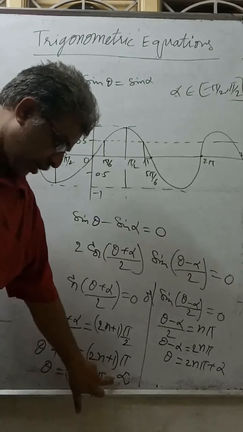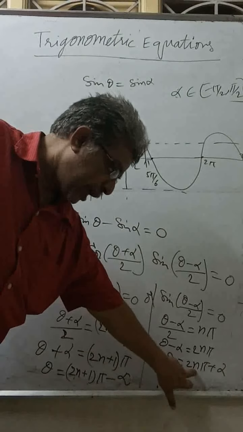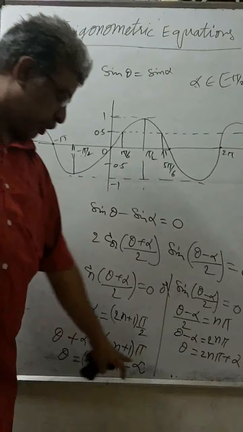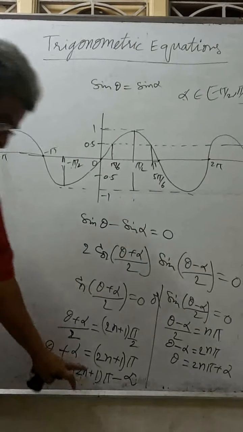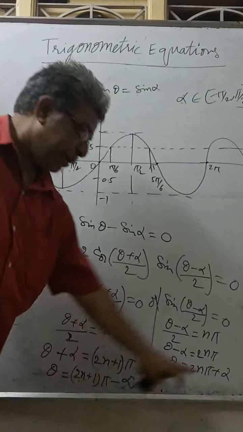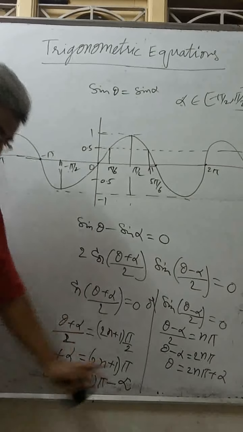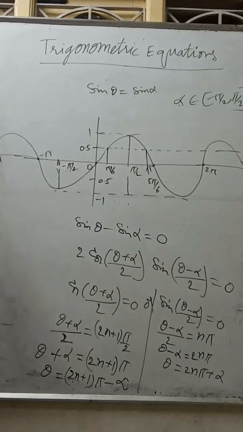At odd multiples you need to get minus alpha. 2n pi means even multiples of pi. So combine both: it becomes multiples of pi plus or minus alpha. At odd multiples, you need to get minus alpha. At even multiples, you need to get plus alpha.